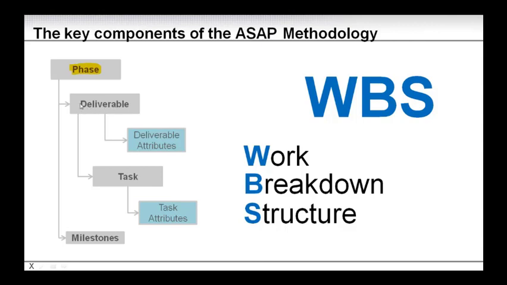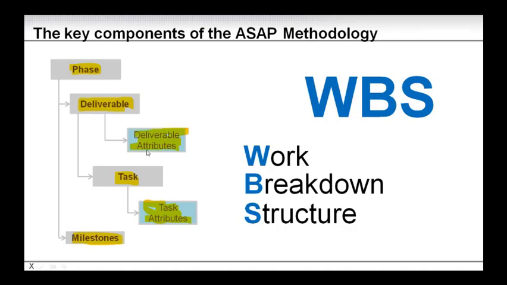Then under the phase we have deliverables as well as specific milestones. And under deliverable on level 3 we have task. And then finally on level 4 we have attributes to task, and also on level 3 we have deliverable attributes.